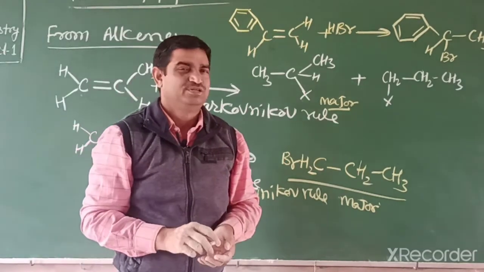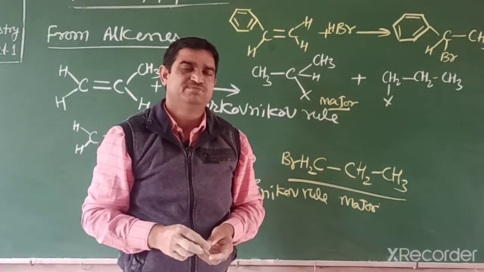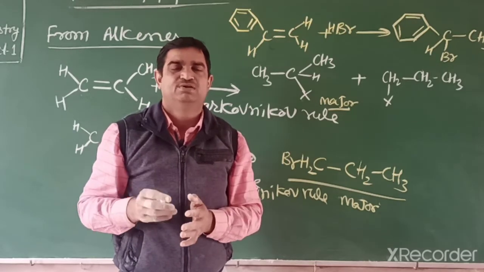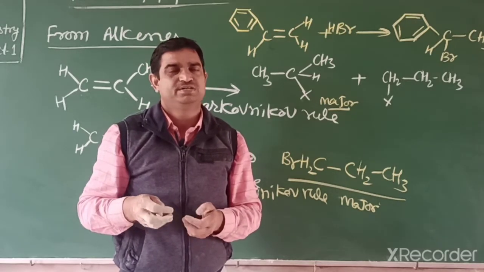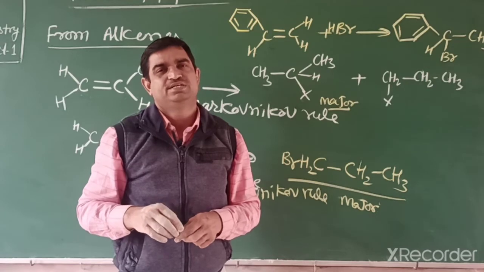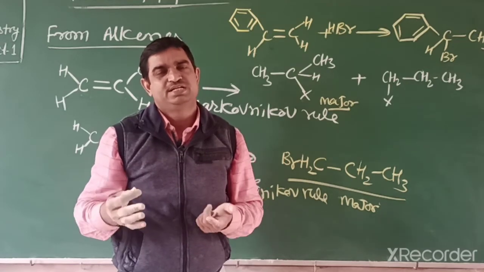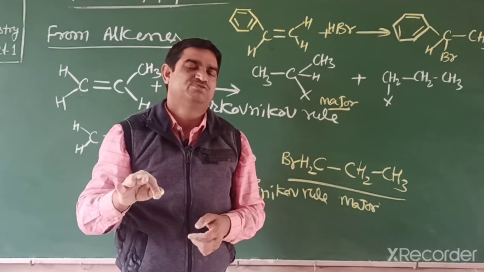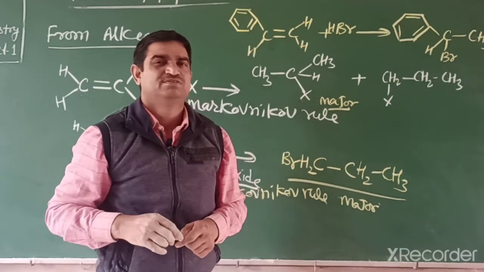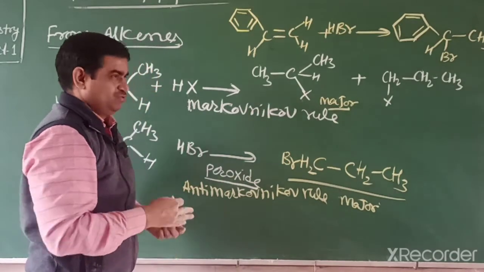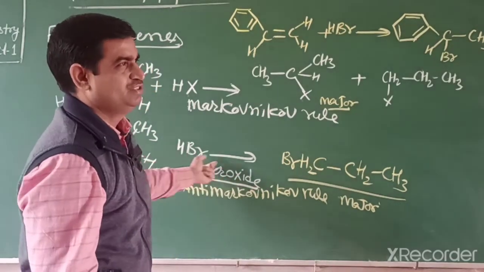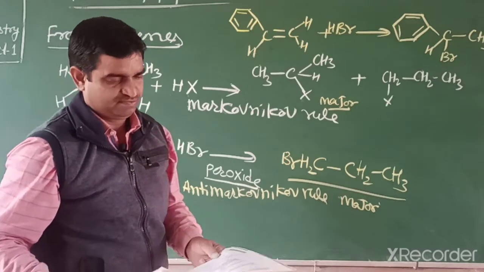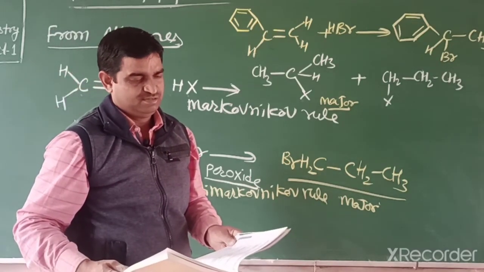So remember what is Markovnikov and anti-Markovnikov. In addition on alkene, the halogen atom attaches to the carbon having lesser hydrogen in Markovnikov. Anti-Markovnikov needs peroxide and is only for HBr. So when you solve these different examples, you get the concept easily.